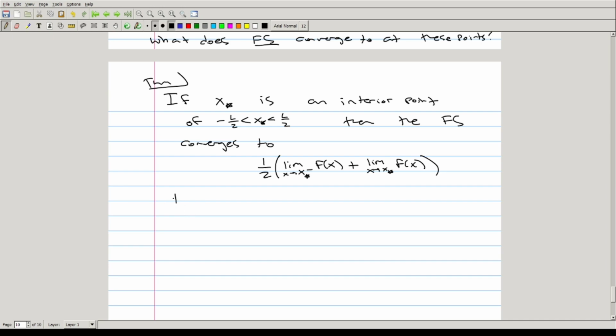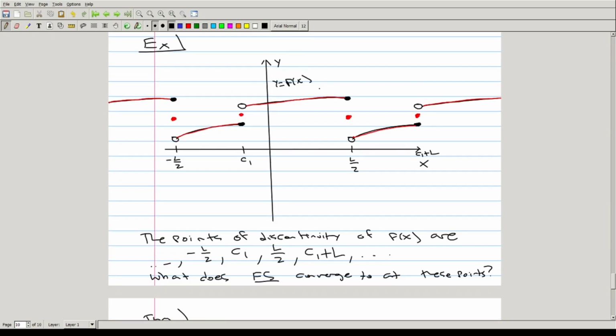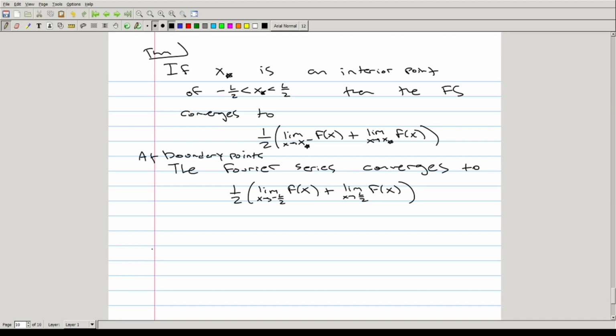So consider the Fourier series at the boundary points, on one period, the Fourier series converges to the average of the limit as x goes to negative L over 2 of f of x plus the limit as x goes to L over 2 of f of x. And I'm not going to go through and prove this, but the proof of this is in the book.